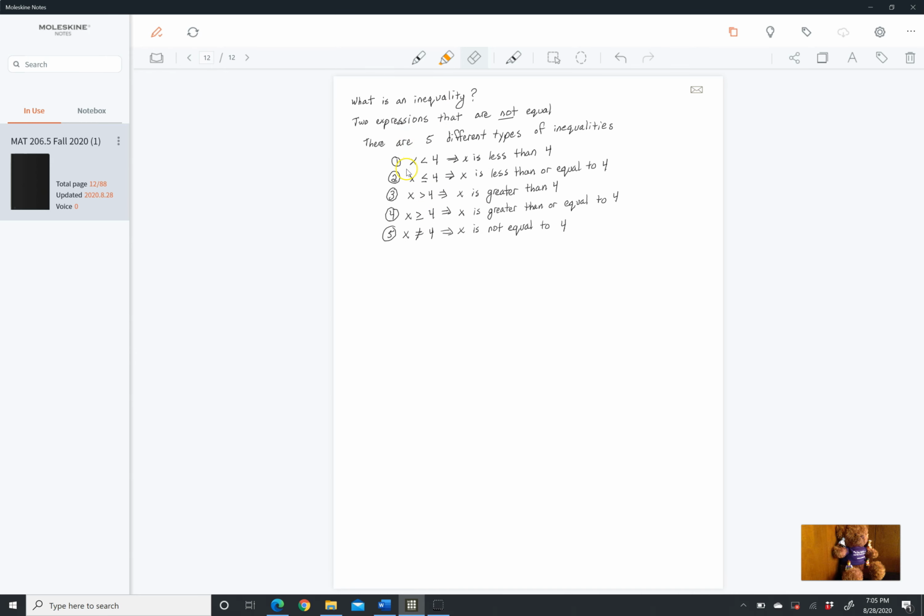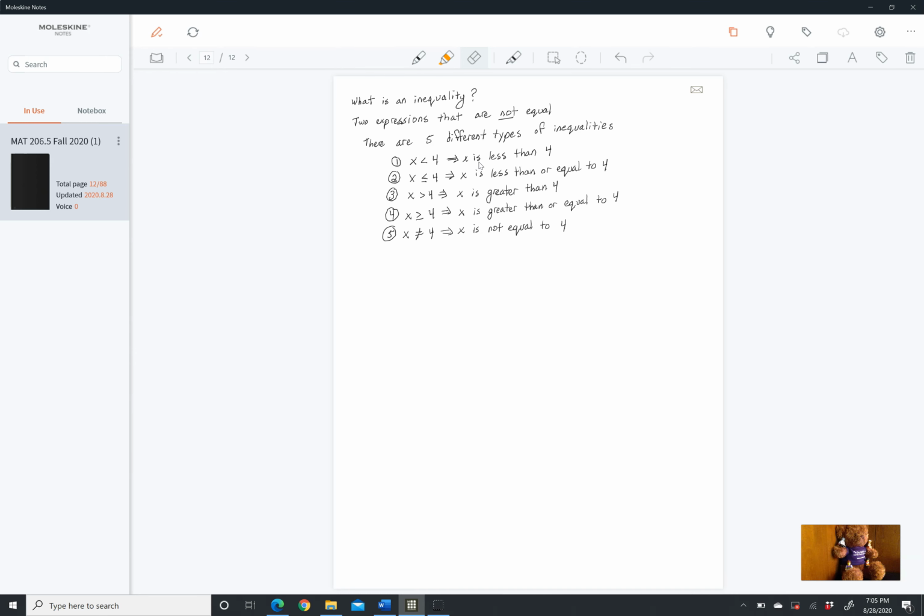Okay, so it's the same thing that we have an x on one side and a constant on the other, just like all of our other equations. And it turns out that you actually solve inequalities in the same way that you solve equations. So a couple of things to indicate that: we have the addition property and the multiplication property.